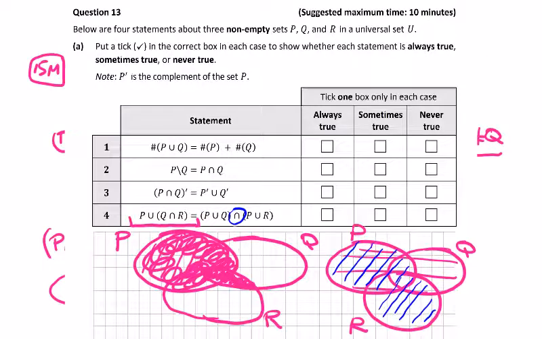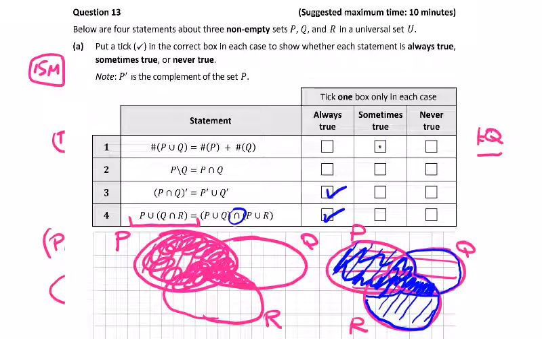And it's probably easier to see that they don't intersect. My diagram's not great there and there, but they do intersect in the rest, which actually leaves us with the same thing, doesn't it? So that is always true based on our scenario.